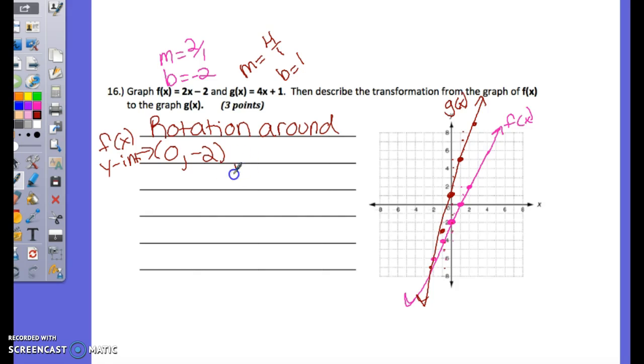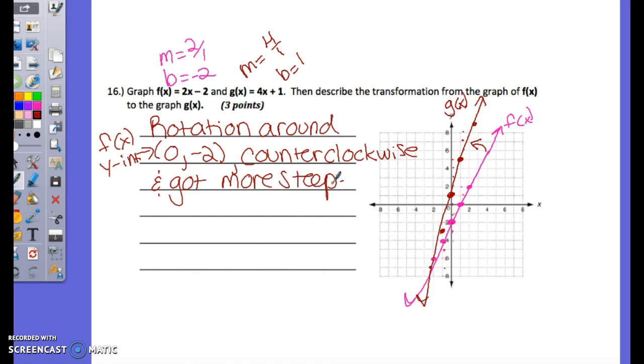It went counterclockwise, because f of x, if you started here, you had to go left, and that's counterclockwise, and it got more steep. Because my y-intercept changed, I know that it went from -2 to 1, so it went up 1, 2, 3. So it translated up 3 units.